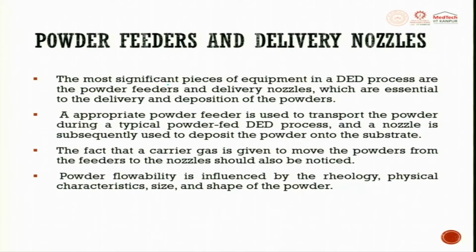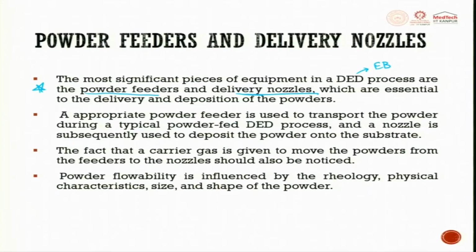The most significant piece of equipment in a directed energy deposition process is the powder feeder. It is here as well as in electron beam. Powder feeder and delivery nozzle, these two are very key terms, which are essential to the delivery and deposition of the powder.